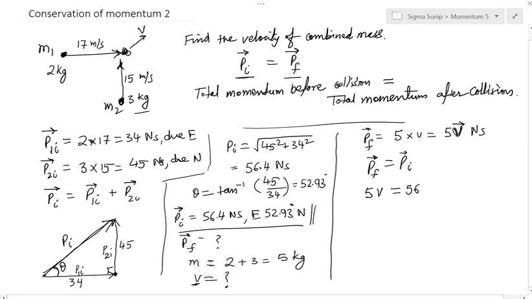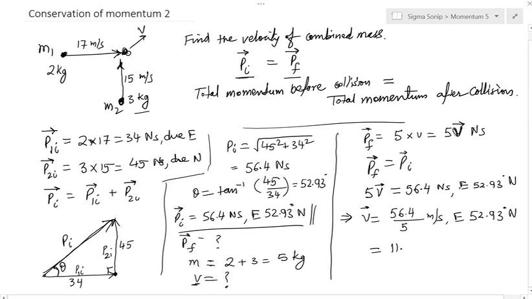So 5v equals 56.4 newton seconds east 52.93 degrees north, and just divide by 5 to get rid of the 5 here. V equals 56.4 over 5 meters per second east 52.93 degrees north.